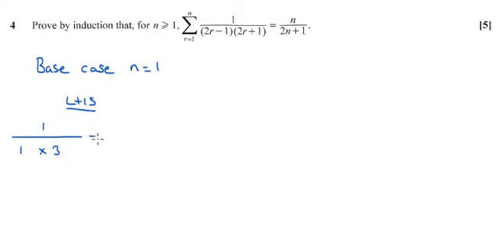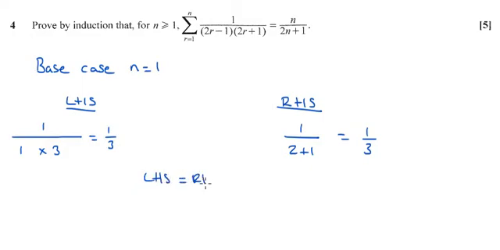So on the left hand side we get a third. On the right hand side, what do we get? We're going to get 1 over 2 lots of 1, which is 2, plus 1. So that's also a third. So the left hand side is equal to the right hand side, so the base case is true.